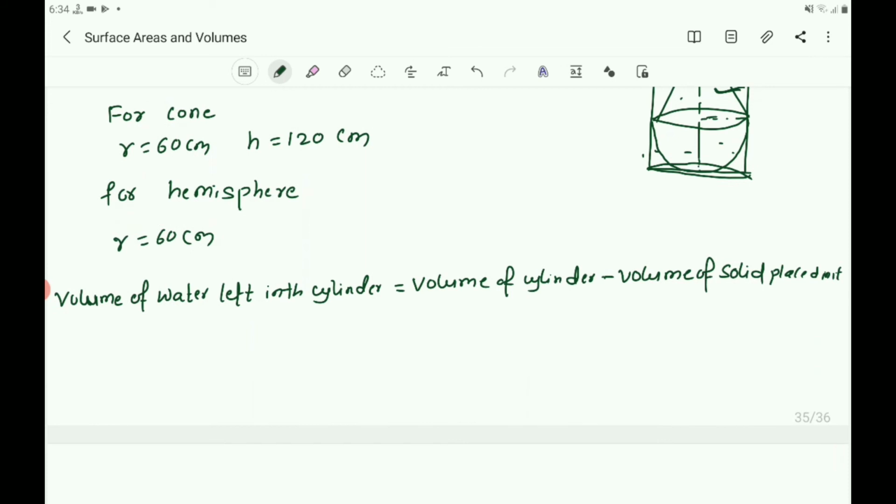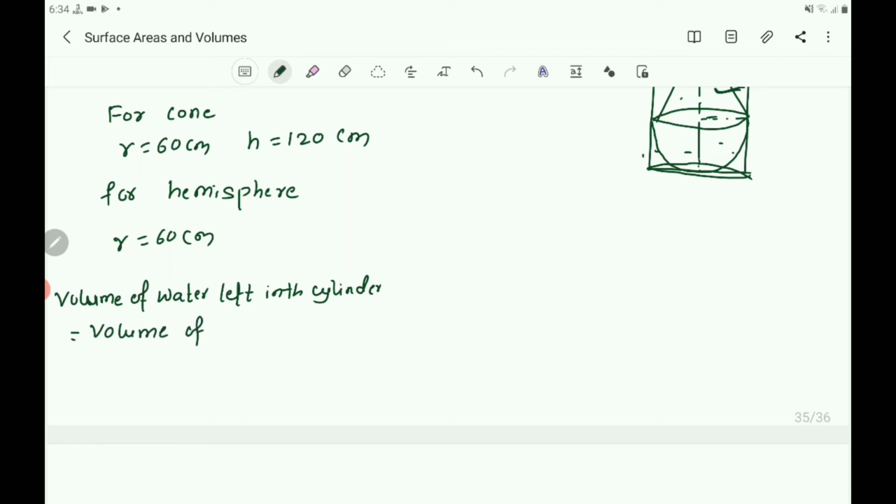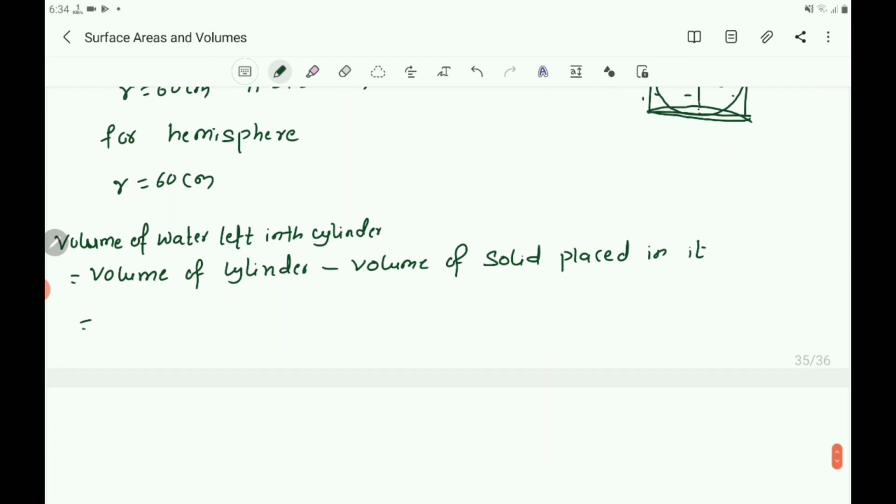So you write here that equals volume of cylinder minus volume of solid placed in it. That is volume of the cylinder minus, that becomes volume of cone plus volume of hemisphere.